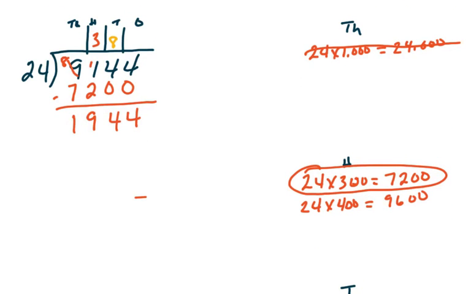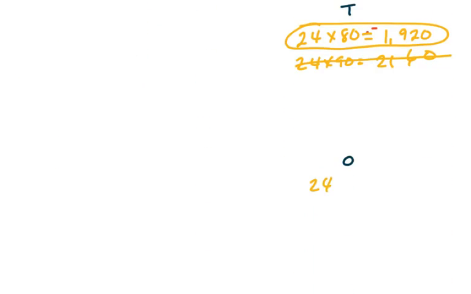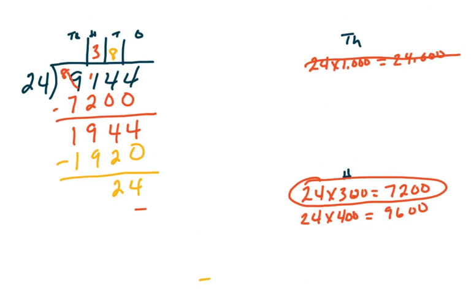Put an 8 in our tens place. That's 1,920. Now we go through and we subtract. That leaves me with 24. Well, when I go to my ones, I already know that 24 times 1 is 24. Circle that because that's exactly what we need. Put a 1 in the ones place. 24. Subtract, 0. So our quotient in this case is 381, remainder 0.